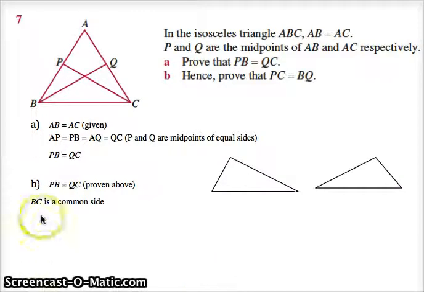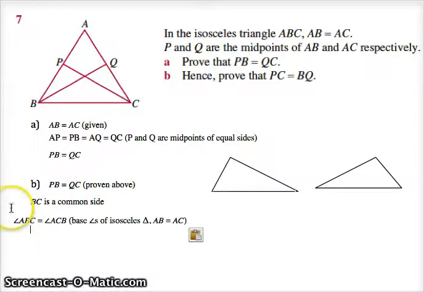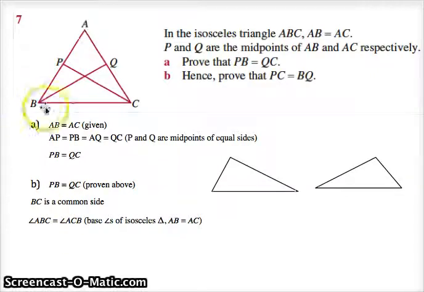So we can say that, therefore, angle ABC is equal to angle ACB, because they are base angles of an isosceles triangle, given that AB equals AC. Now we need to say AB equals AC because that's our explanation as to why the triangle is isosceles.